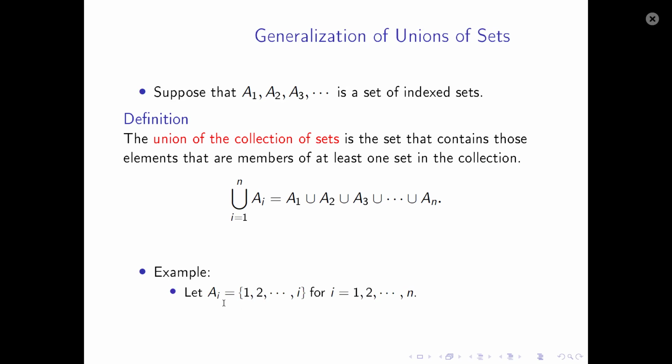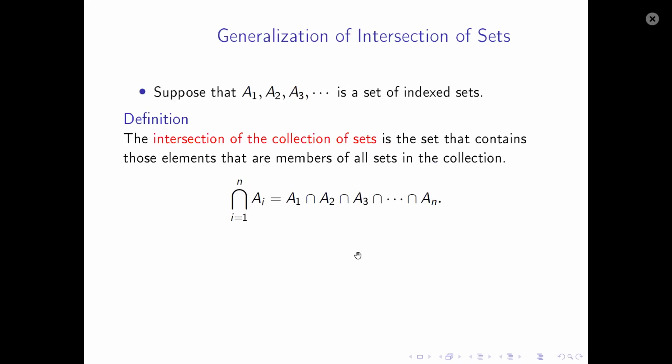So if A_i ranges over i from 1 through n, then the union is A1, then A1 union A2, then A1 union A2 union A3. And this gets at the idea that a union is always going to make something bigger. And so if you're unioning a whole bunch of things that are actually within each other, you just get the biggest one. Now, intersections, we can do the exact same thing.